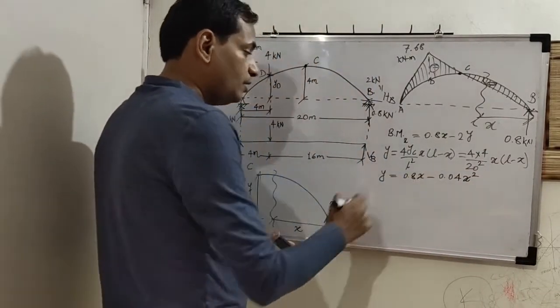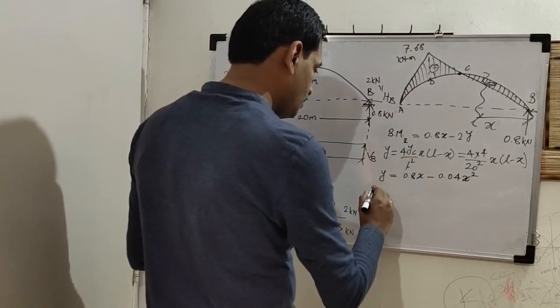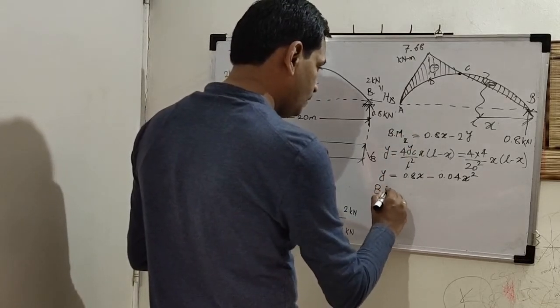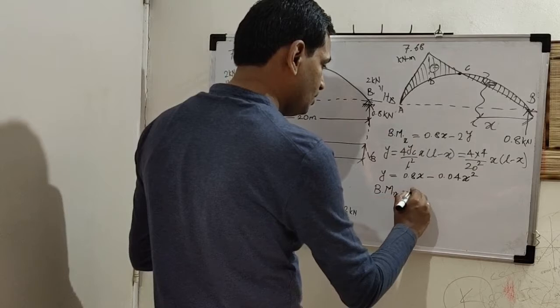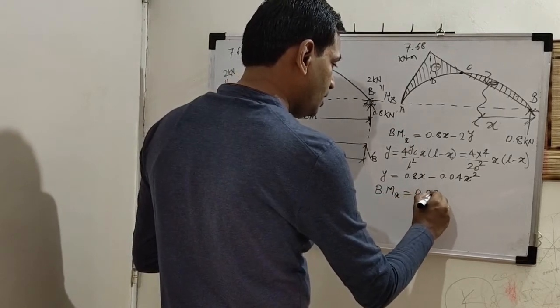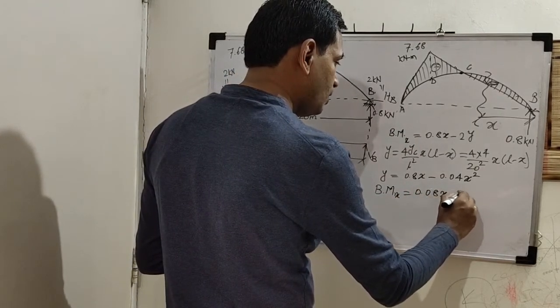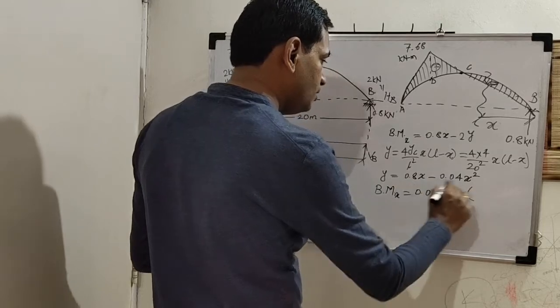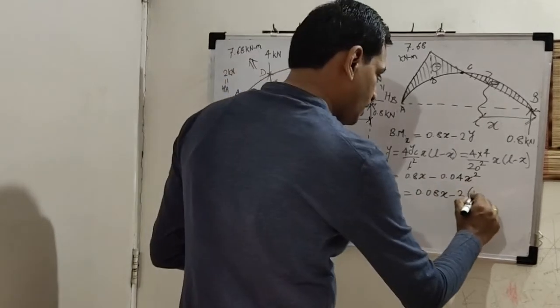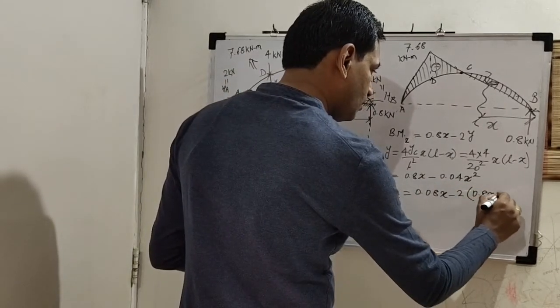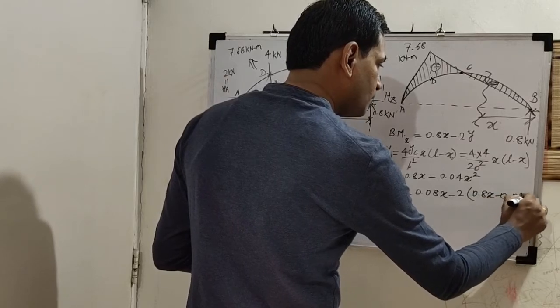So this is y. Now we will substitute back this value of y in the equation of bending moment at x. So 0.8 x minus 2 times y is this much: 0.8 x minus 0.04 x square.